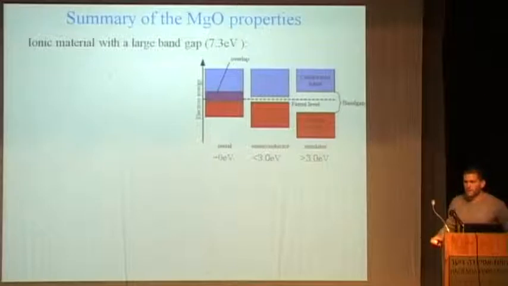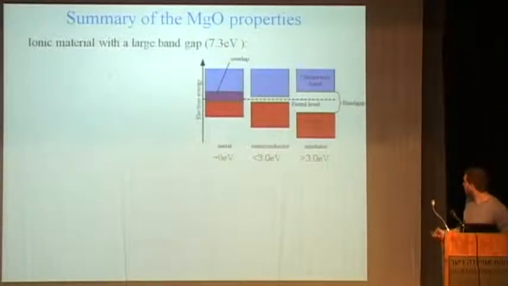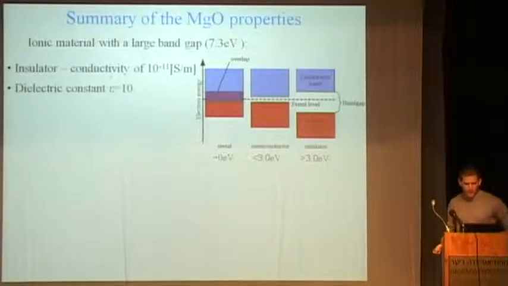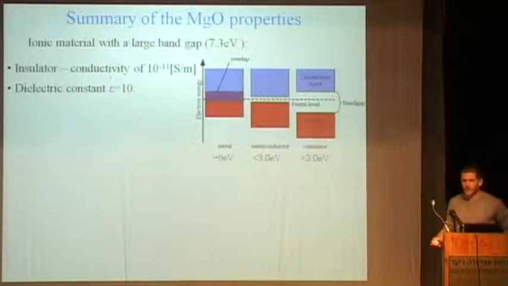Now, the band gap often indicates what the properties of the material will be. Different band gaps give different properties. Magnesium oxide has a large band gap. This is why it's an insulator, and it has a large dielectric constant.